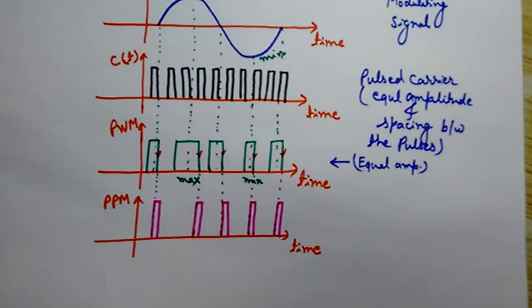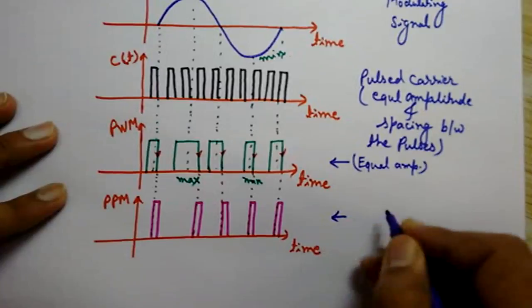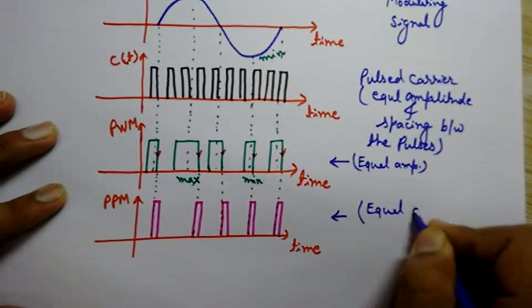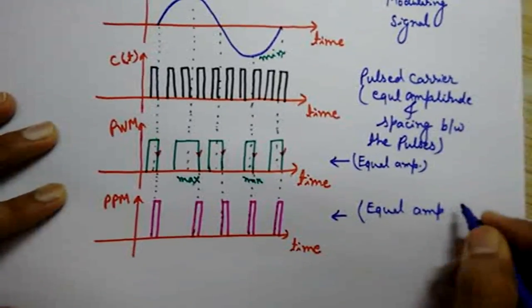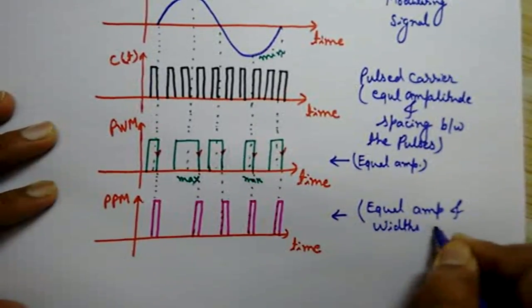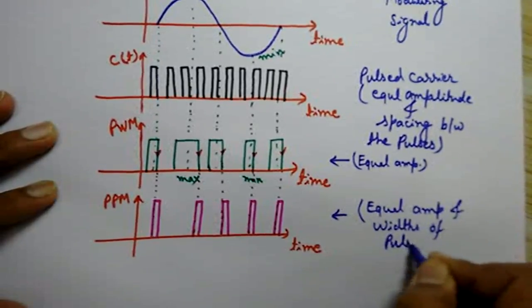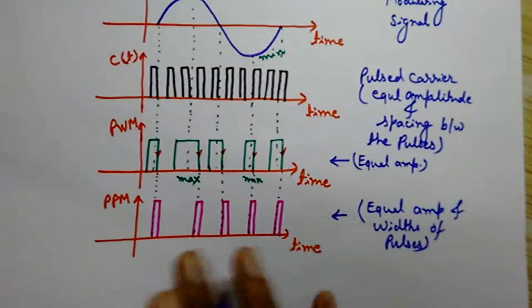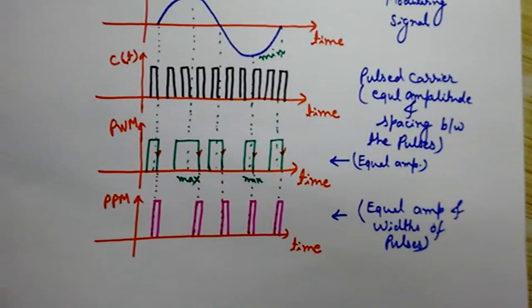So you can write it here that this PPM waveform has equal amplitude and widths of pulses, but the information lies in the relative positioning on the time axis of these pulses.